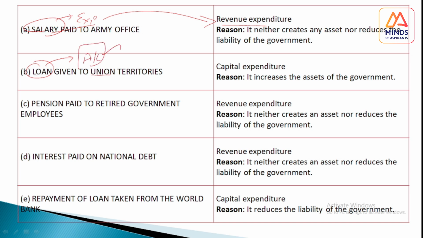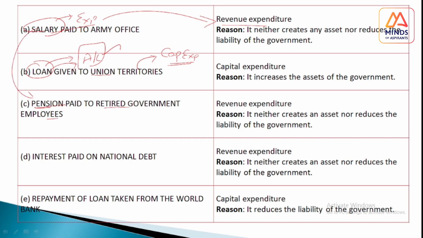Yes, there is an impact, so it comes under the capital account. Money is outgoing as we are giving a loan to the union territory, so it comes under capital expenditure, that is, money is going out.